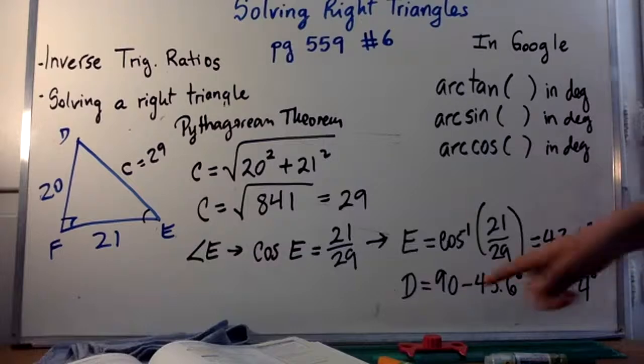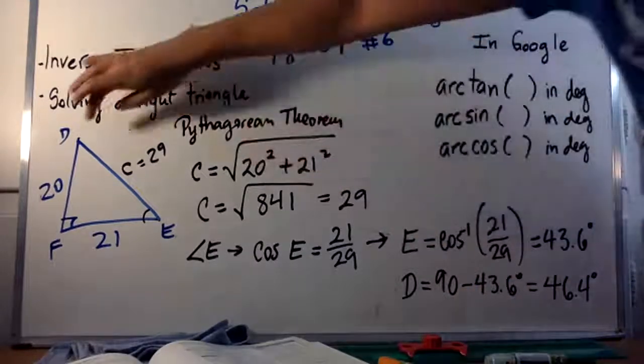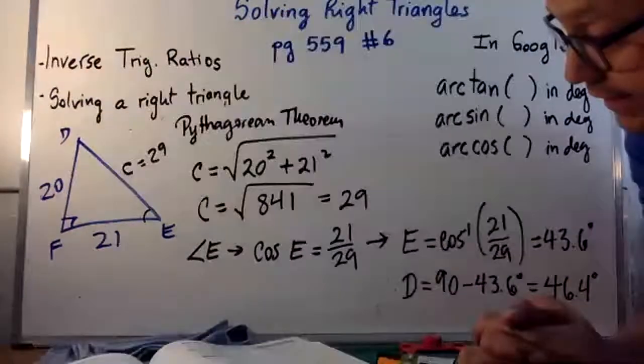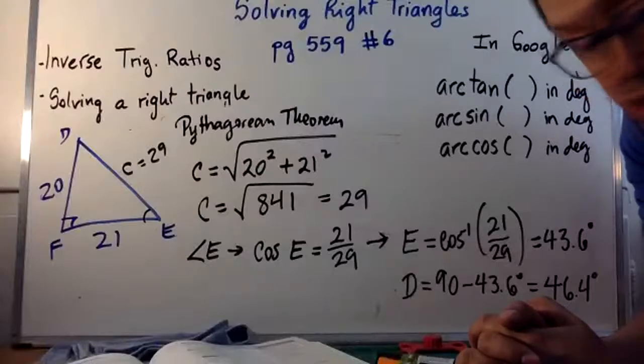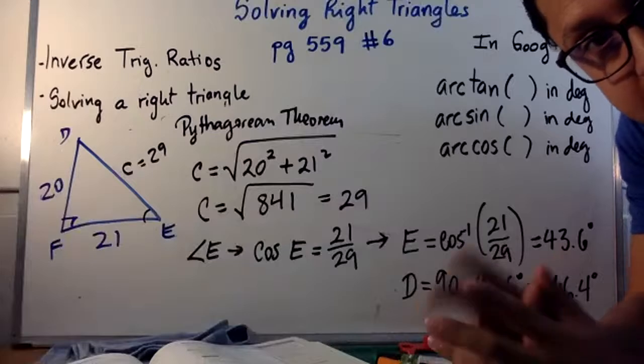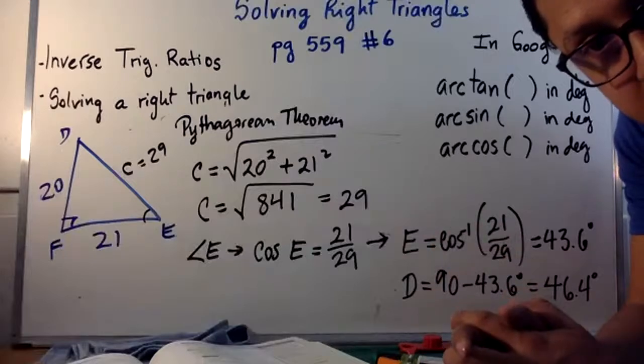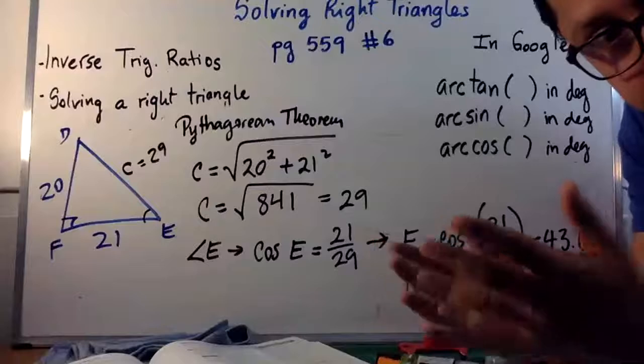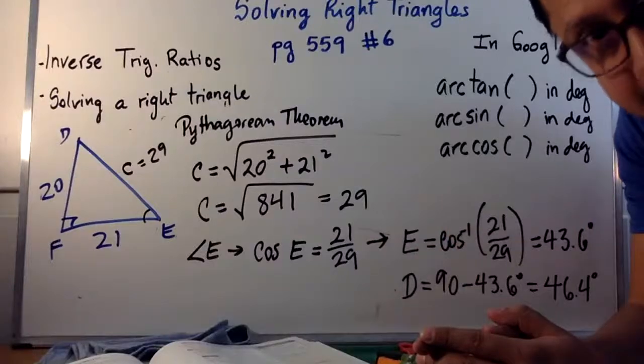Those who are asking, where did you get this 90 minus stuff? Remember that D and E are complementary. This is a time when I stop in class and then I have you do a bunch of exercises and then I go on a one-on-one approach, remember?